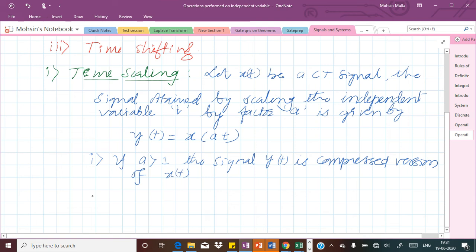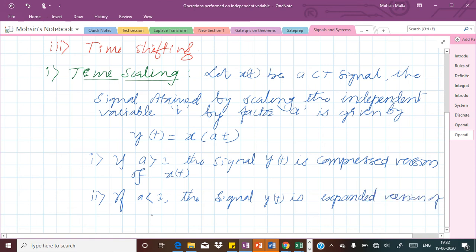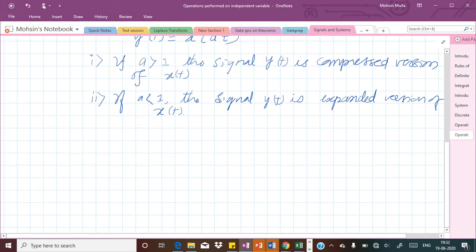And similarly if a is less than 1, in that case the signal y of t is an expanded version of x of t.